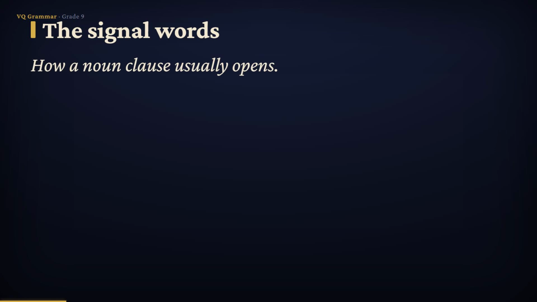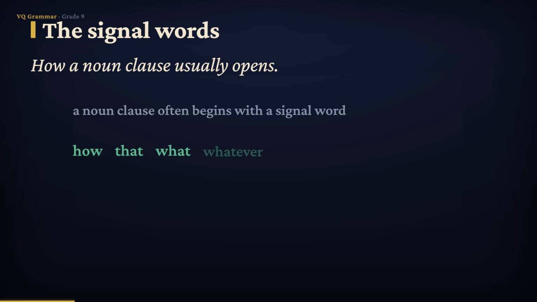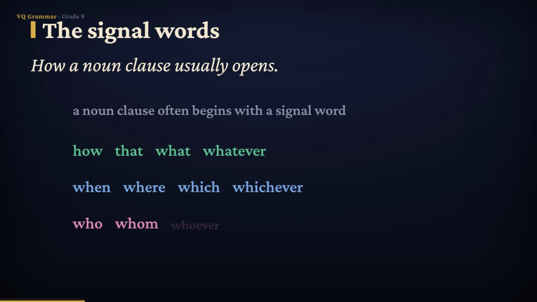Like the other subordinate clauses, a noun clause usually opens with a signal word. Here are the ones you'll see most: how, that, what, whatever, when, where, which, whichever, who, whom, whoever, whose, why.